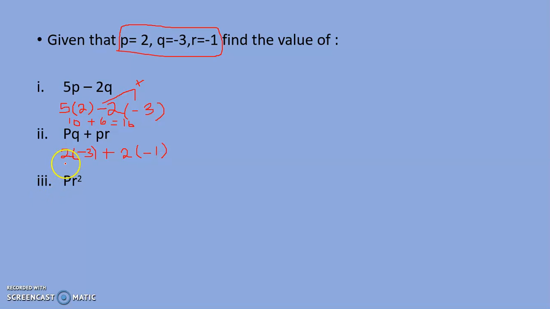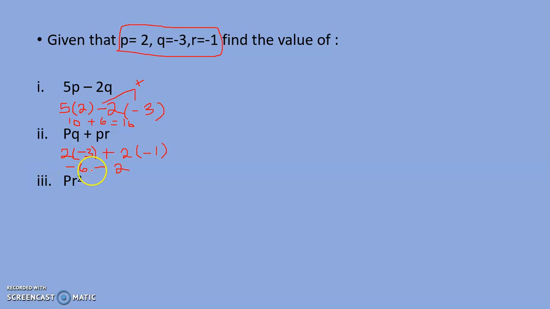Whenever you are multiplying a negative and a positive number, your result will equal a negative number. So 2 times -3 gives you -6. Positive 2 times -1 will give you -2. Now here we have two same signs. When we have two same signs, we add the values and we keep the sign of the largest number.